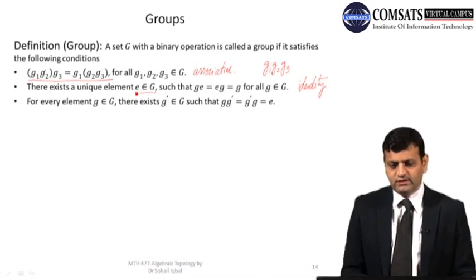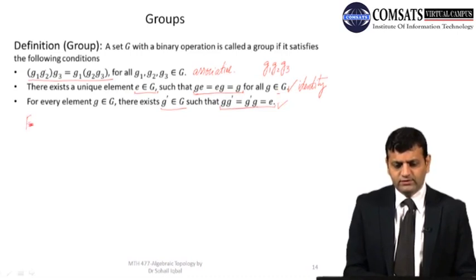This element E must satisfy the following condition: if I multiply any element G of the group with E in any order, there will be no change and the result will always be G. The last condition is that for every element G there exists an element G prime such that G times G prime equals G prime times G equals the identity element. Of course we are using the identity in the last axiom, so we need to confirm that there exists an identity element in the group before going to the last axiom.